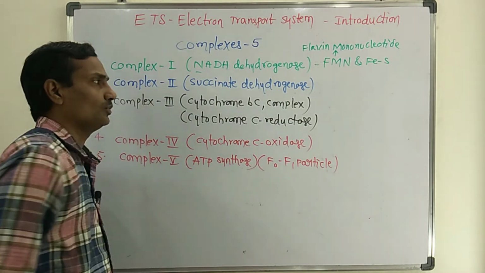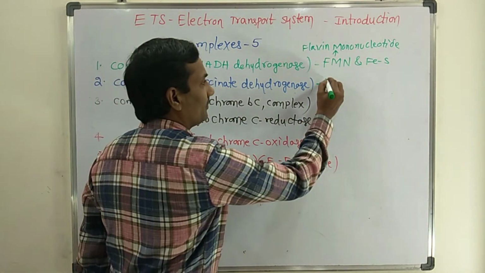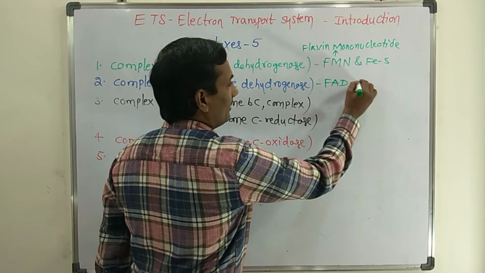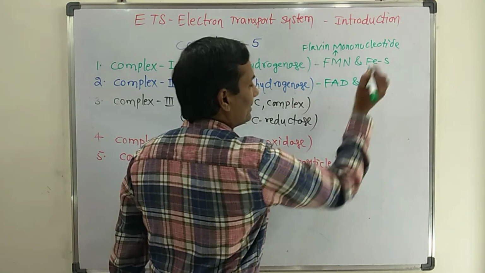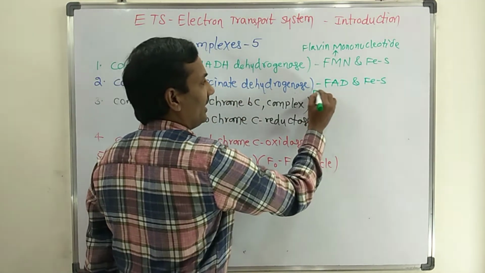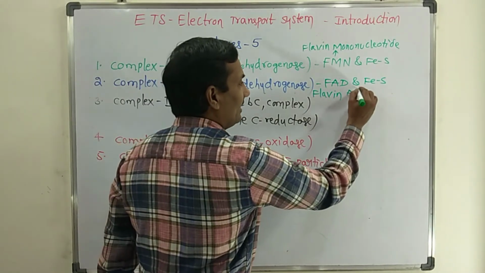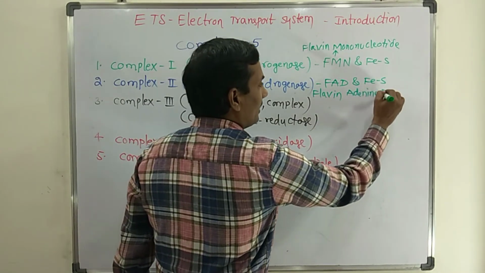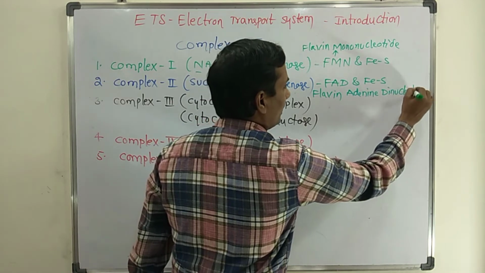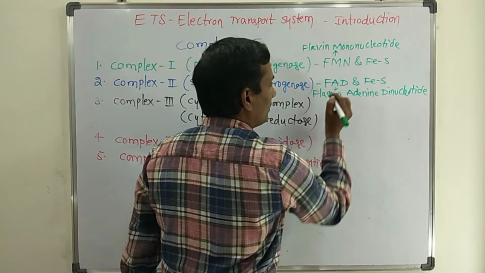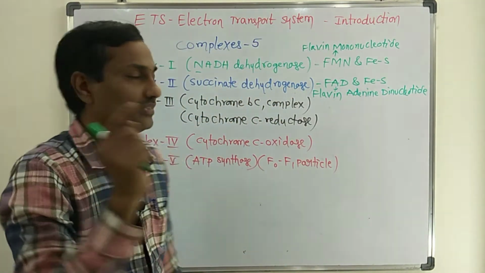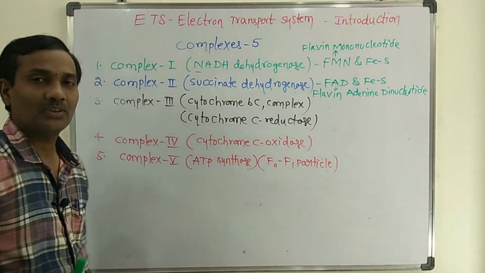Next, complex 2 consists of FAD and iron sulfur protein. FAD full form is flavin adenine dinucleotide. This is one more prosthetic group found in complex 2.